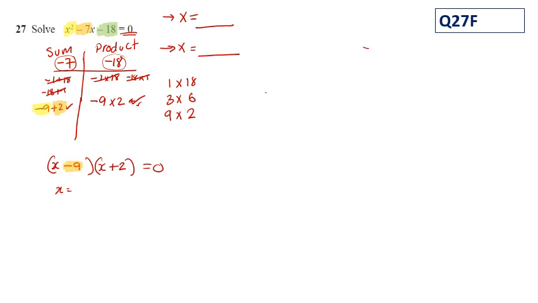So my first answer for x is that x is equal to 9, and my second answer for x is the inverse of whatever's in the second bracket, in this case the inverse of plus 2, and so that answer is x equals minus 2. So my two answers are x equals 9, apologies there, and x equals minus 2. So these are my two answers for x. That's it, question done.